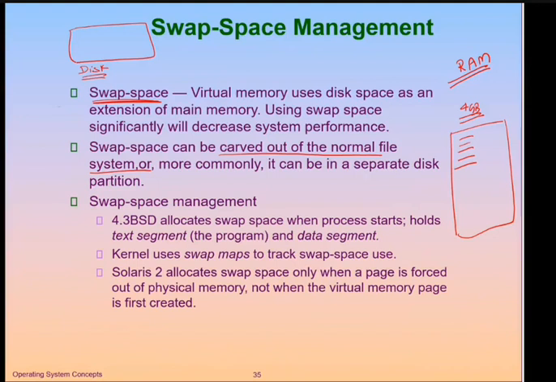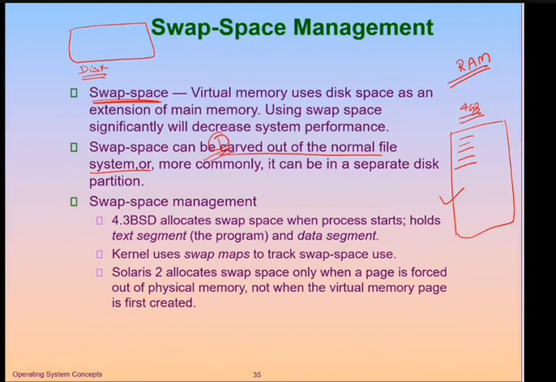And there is a problem of external fragmentation in the file. When we learn about file allocation, we will see there is a problem of fragmentation, and it will persist in this case also, because it is nothing but a file. So all the problems associated with the file are there with this swap space as well. But this is a good way, and one possible way.